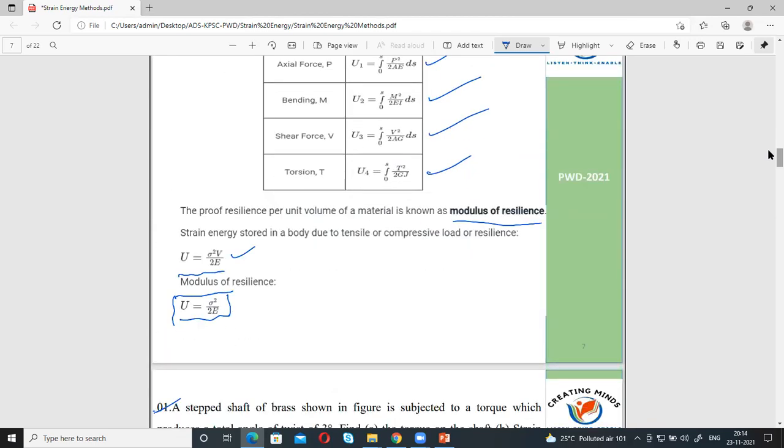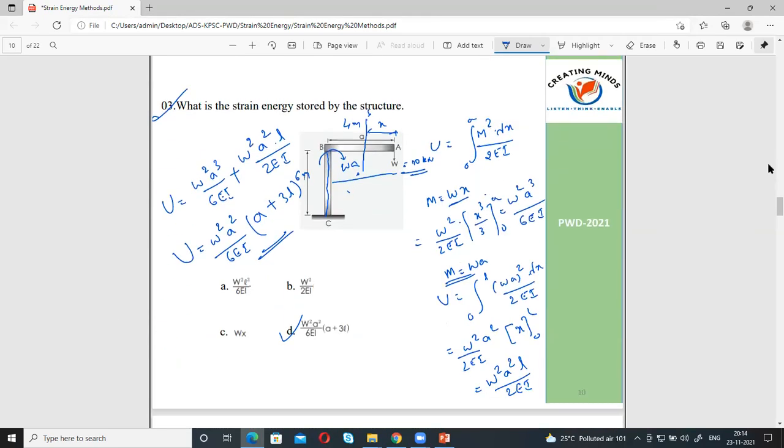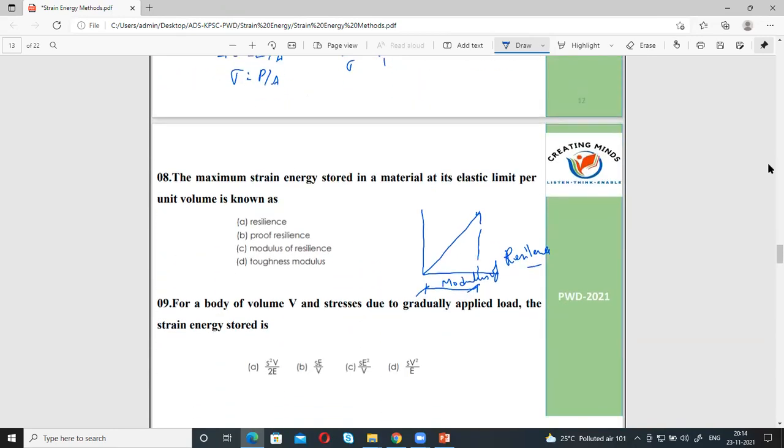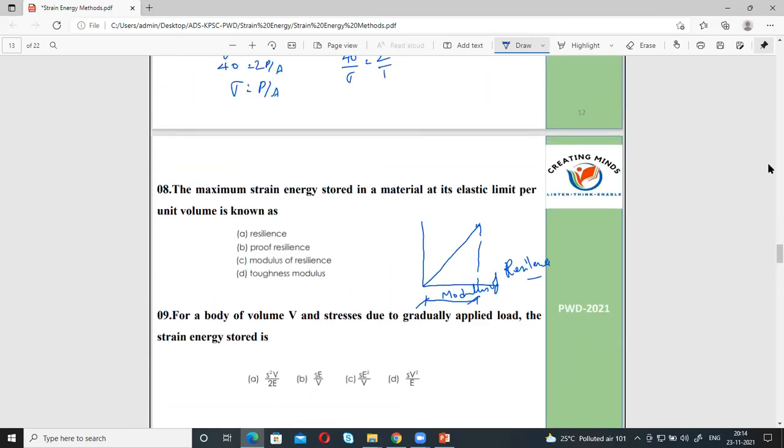What is modulus of resilience? The proof resilience per unit volume of a material. That's why I have mentioned this. So what is given?